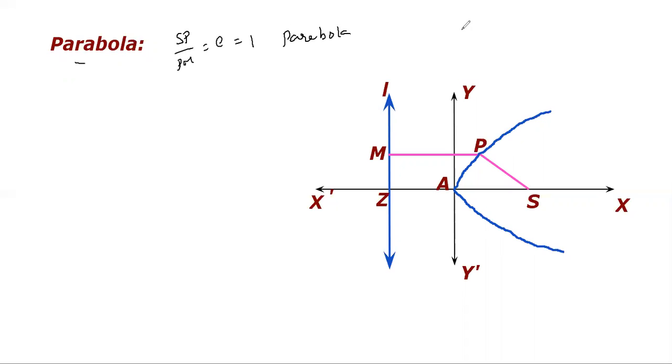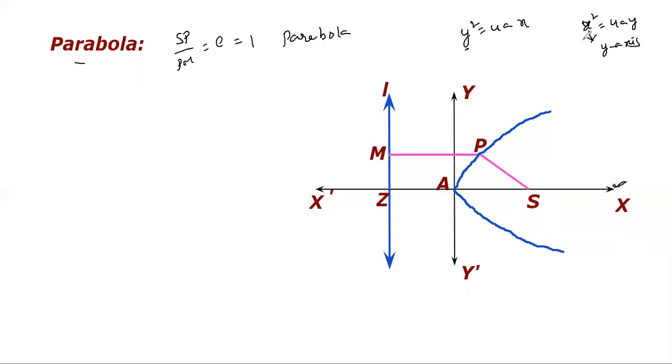The general equation of this parabola I am writing: y square equals 4ax. Here y square means the parabola is symmetrical to the x-axis. When you get x square equals 4ay, then this parabola is symmetrical to the y-axis.